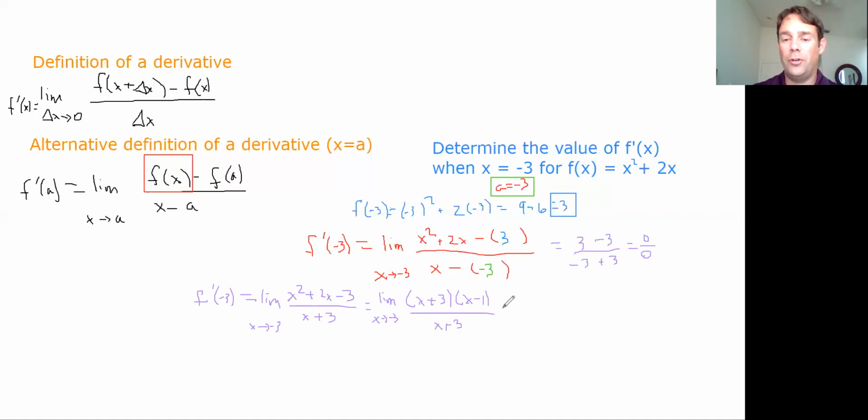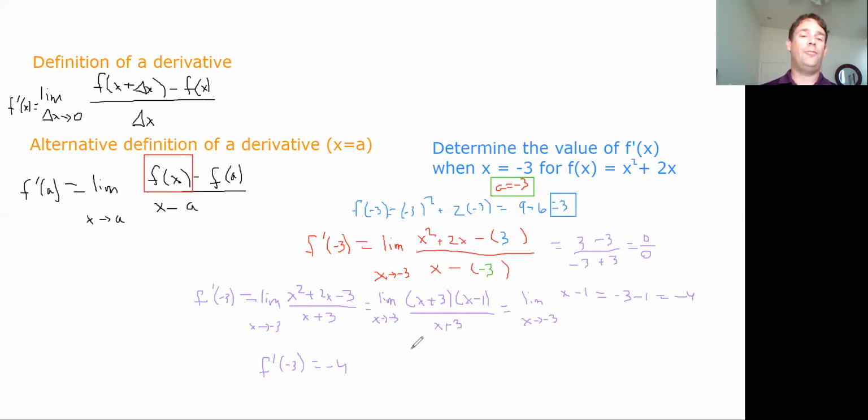So the x plus 3s are going to cancel each other out. And hopefully you kind of see where this is going here. It's not going to leave me with an expression that I can use over and over again. It's going to only end up with a numerical value. So the derivative is going to end up being negative 4. So the derivative at negative 3 would be equal to negative 4.